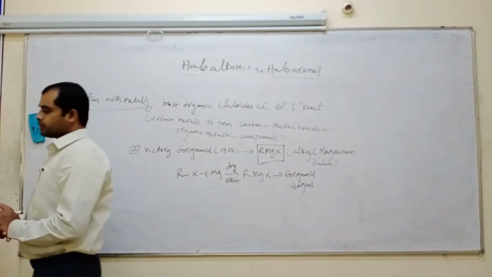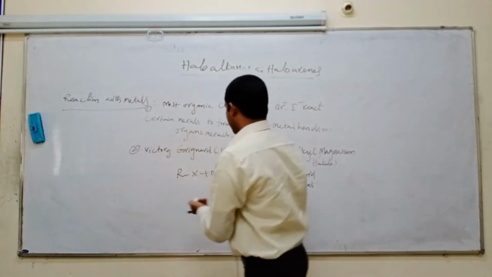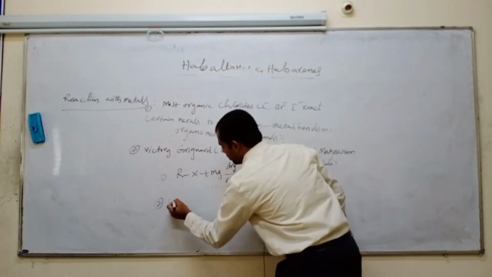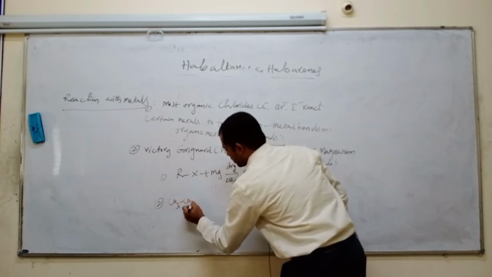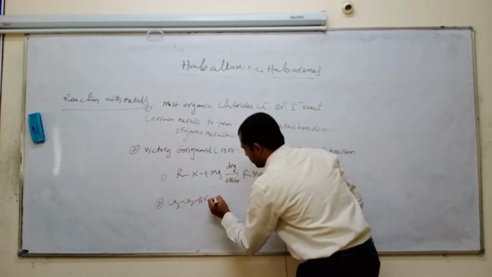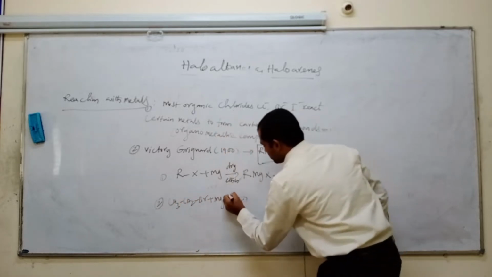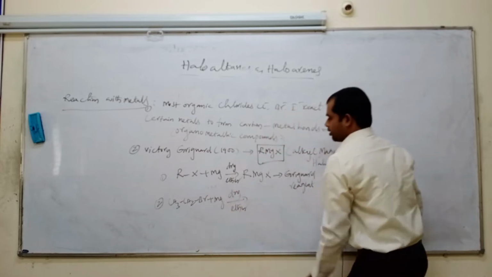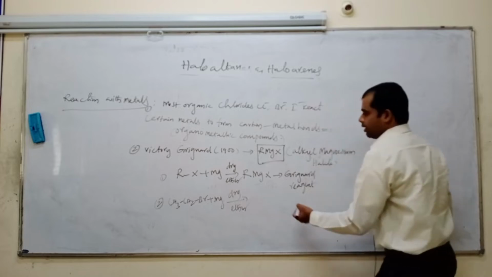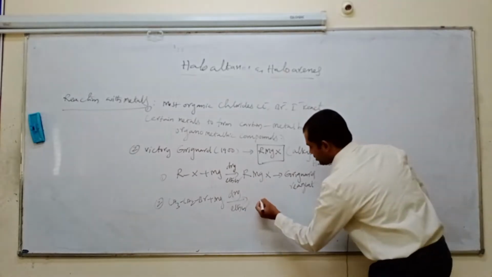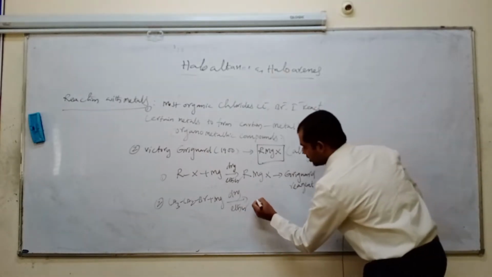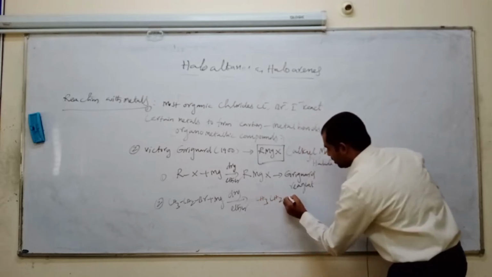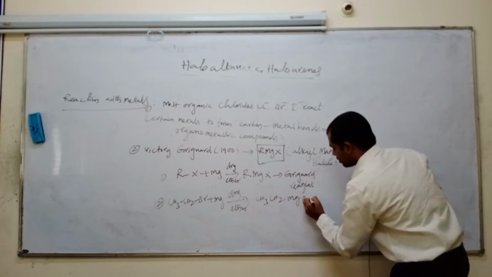In the Grignard reagent, for example, if we take an alkyl halide, ethyl bromide, CH3CH2Br, and react it with magnesium in the presence of dry ether, we get ethyl magnesium bromide, RMgX, CH3CH2MgBr.